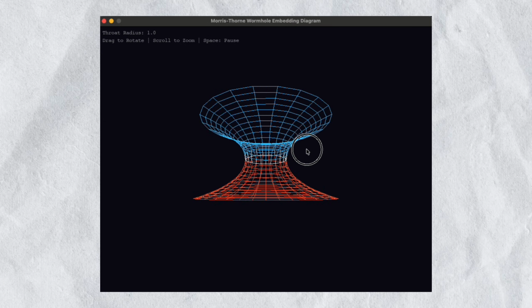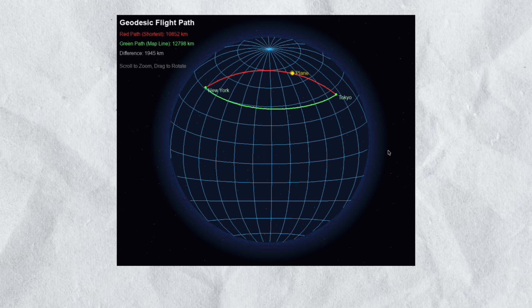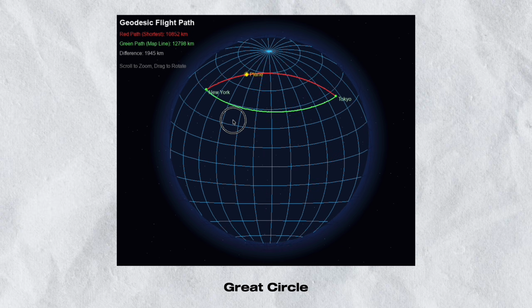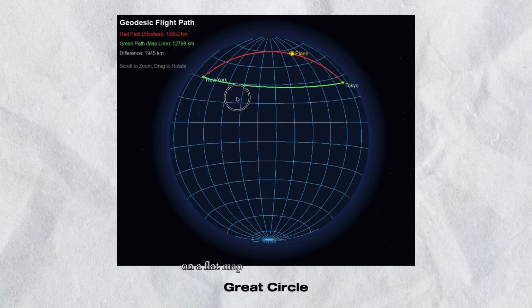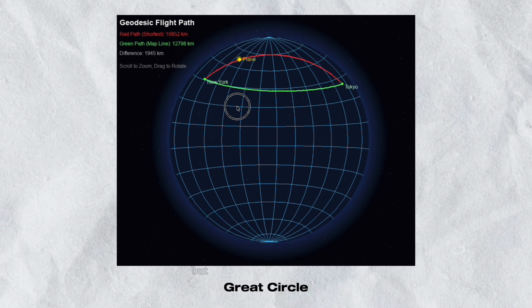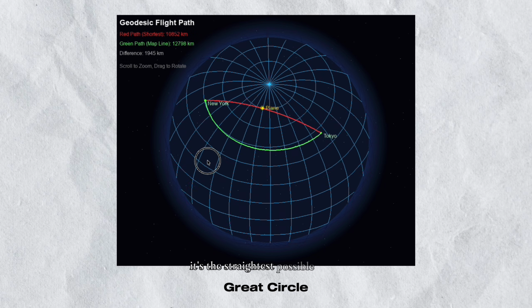So the question becomes, how does light actually travel through this curved spacetime? When a plane flies from New York to Tokyo, it does not take a straight line on a map. It follows what we call a great circle, that is, the shortest path on a curved surface. On a flat map, that path looks curved, but on an actual spherical globe, it's the straightest possible route.